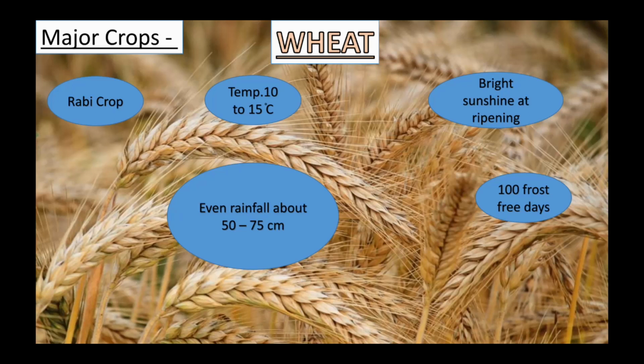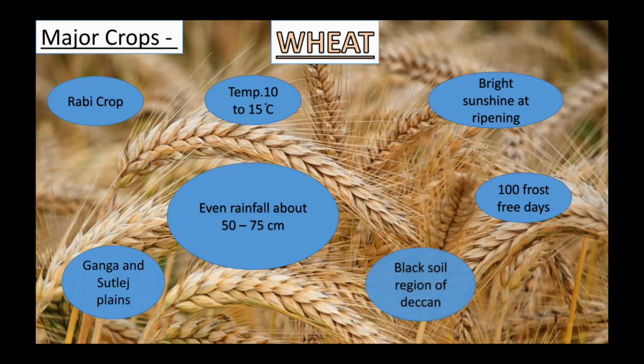This is frost. Next comes our soil. It requires alluvial loamy soil for its best growth. In India, there are 2 important wheat growing zones. One is the Ganga and Satluj river plains in the north, and the other is the black soil region of the Deccan Plateau, mainly MP, Madhya Pradesh.